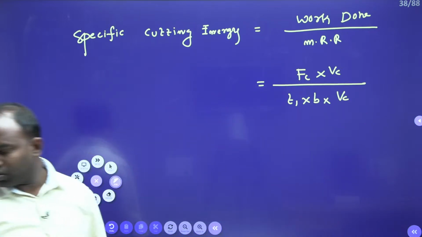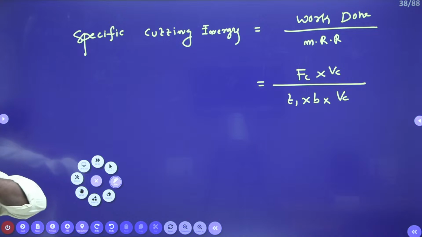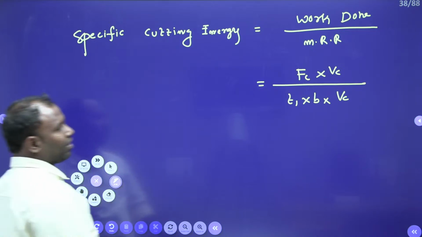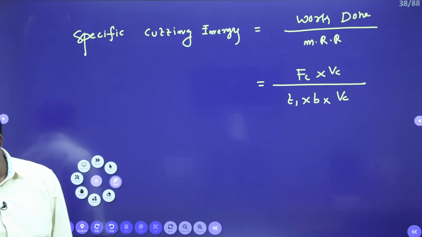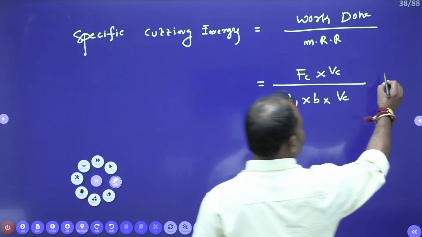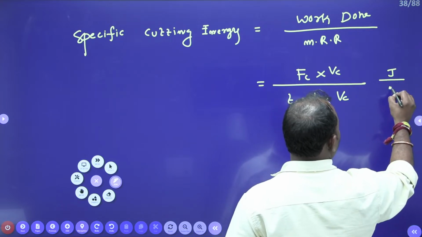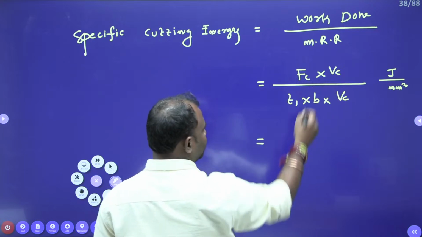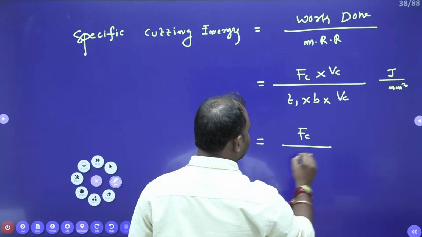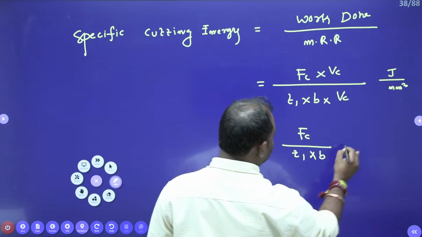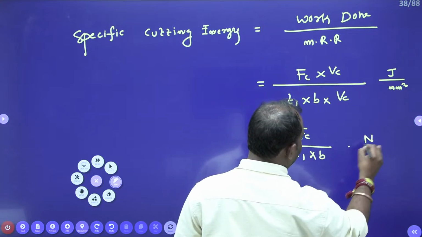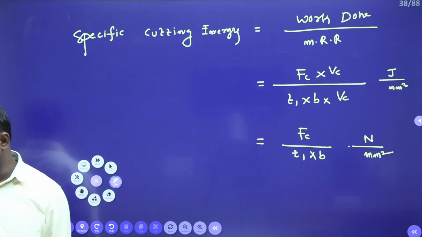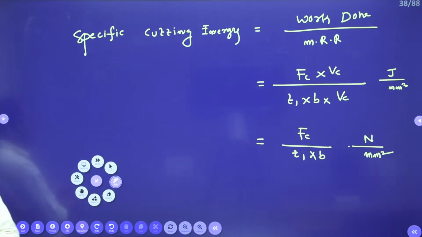So cutting speed, feed, and depth of cut come under this. Here the unit is joule per mm cube. Now, if I remove this, Vc will get cancelled, so Fc is divided by T1 into B, and the unit I am going to get is Newton per mm square.